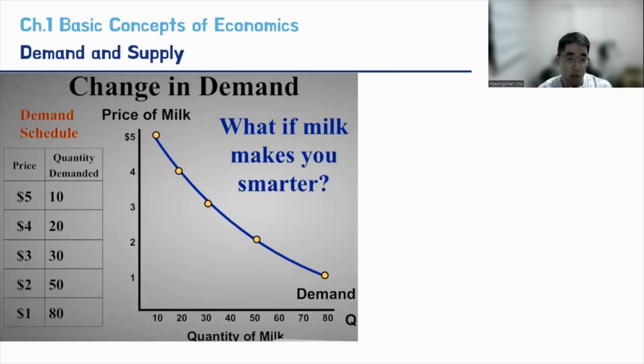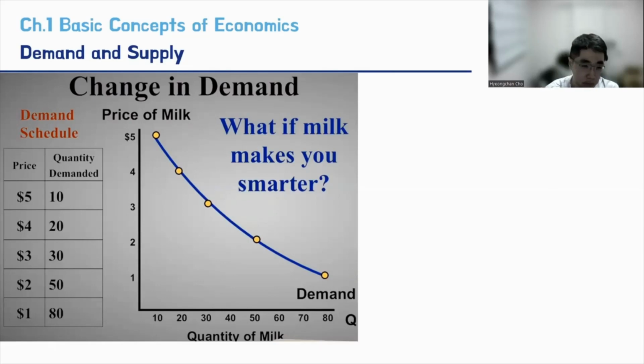So let's talk about the change in demand. As we said in the last lecture, there will always be shocks or some kind of events in demand. Imagine this demand schedule is a milk demand schedule.